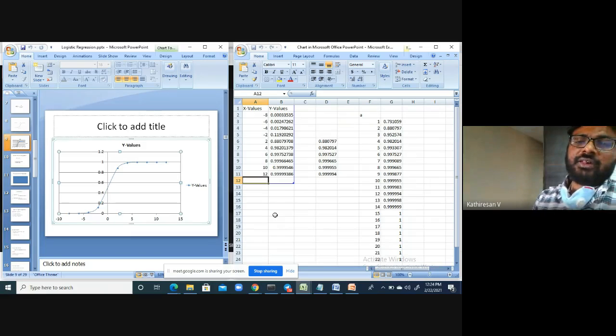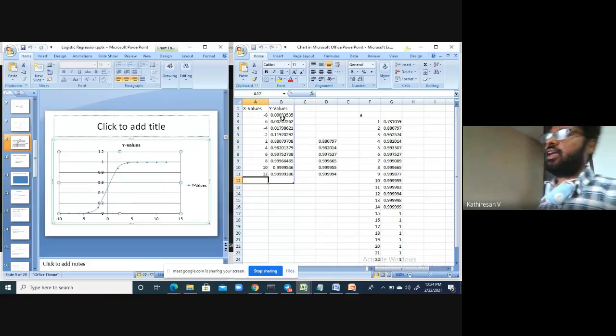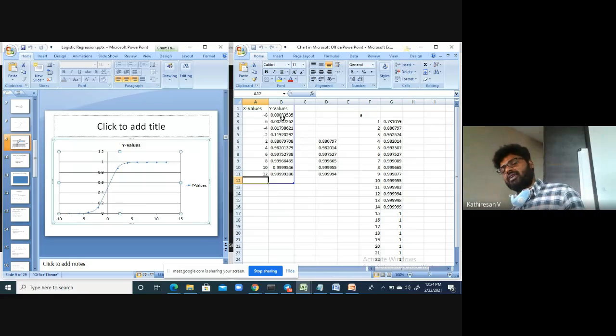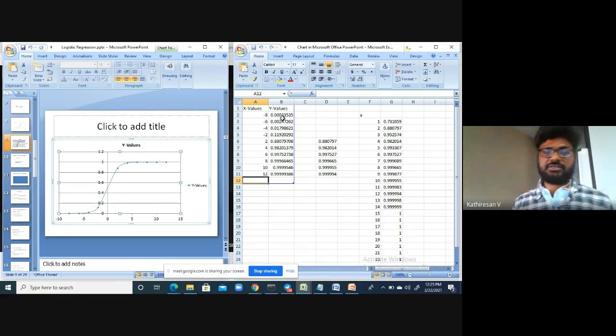If you apply the sigmoid function, 1 by 1 plus e power minus x, on that x value, you will get a value between 0 and 1 only. It will not go beyond that.